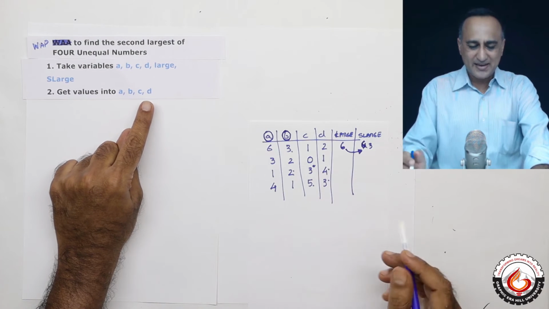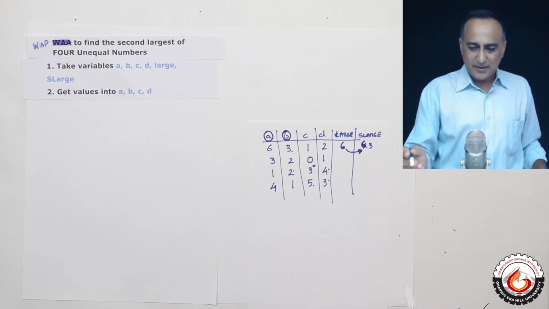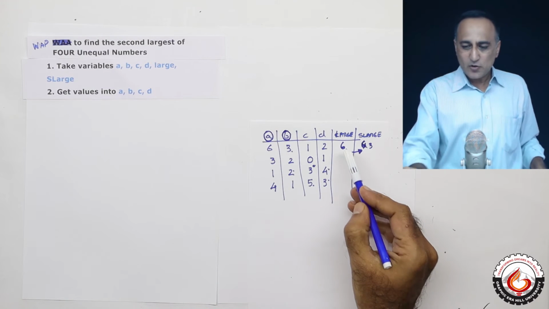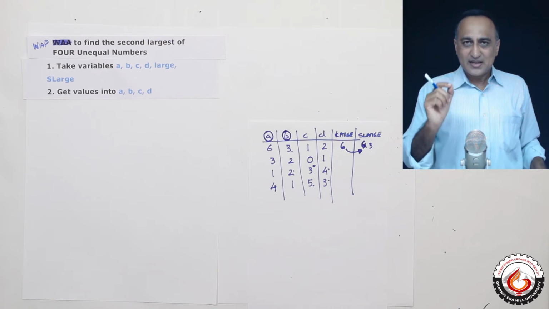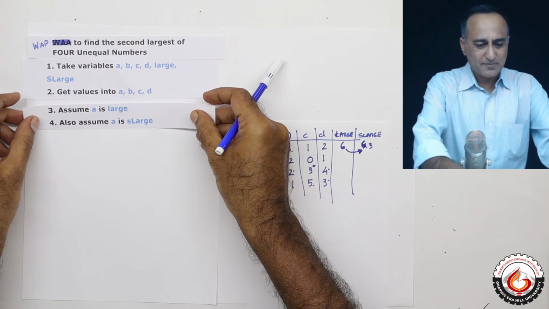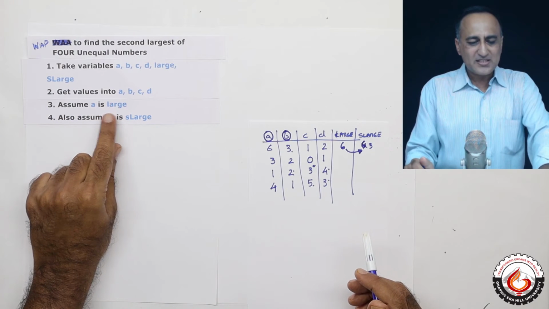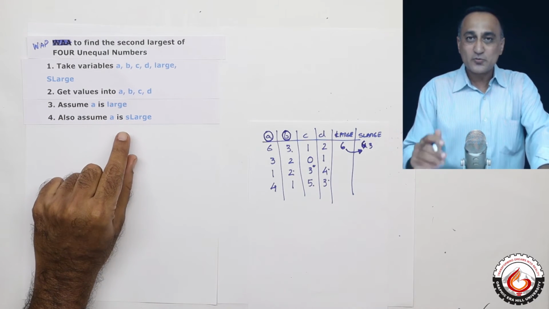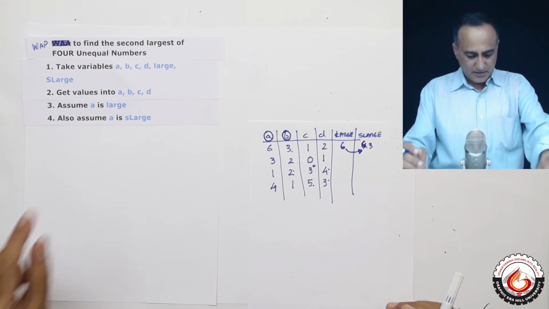Now since I am processing one variable at a time, in the first step, as I told you here, my large is going to be A as well as my second large is also going to be A. So this is step number 3 and 4. At this step, A is assumed to be large as well as second large because I have not seen any other number at this point of time.